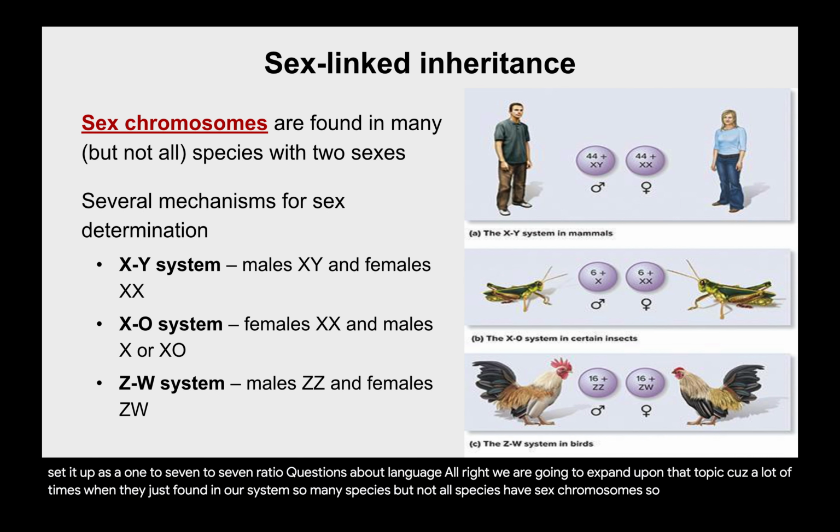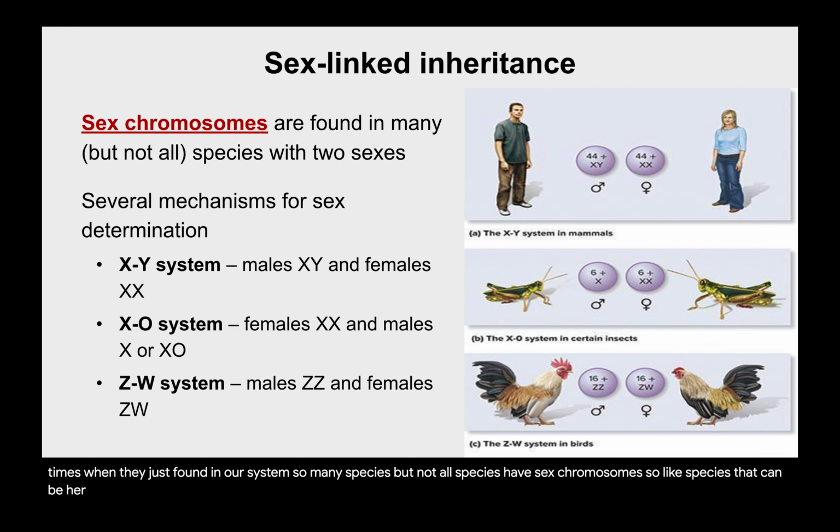A little fun fact, species that can be hermaphroditic, like snails and earthworms, don't actually have sex chromosomes, which is interesting. They could be either male or female or a combination of both, or they can change between it. Yeah. So most species have sex chromosomes.